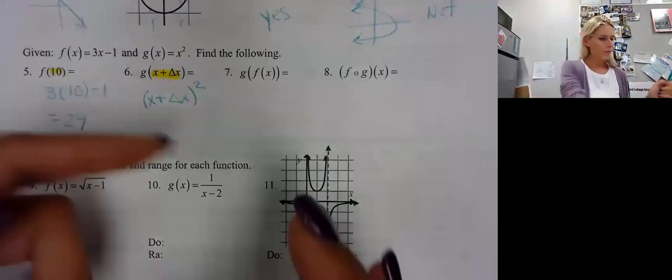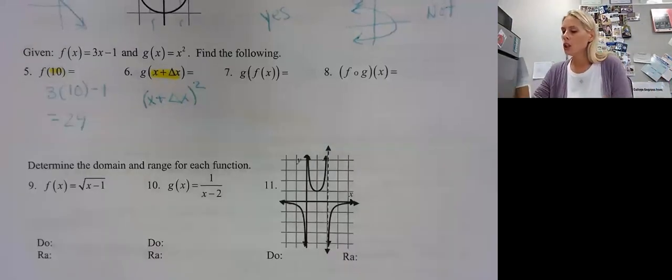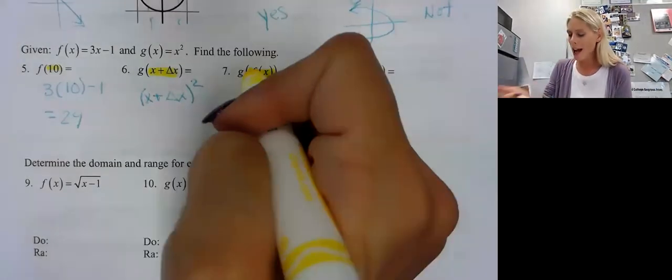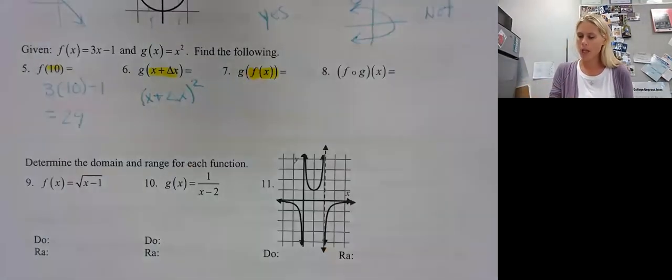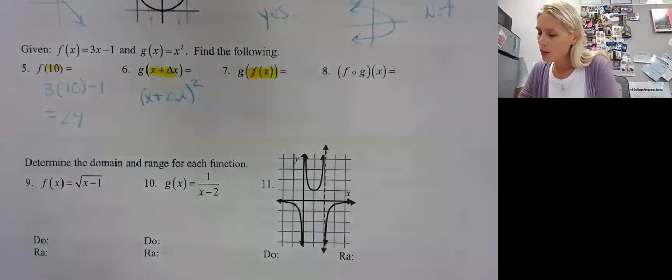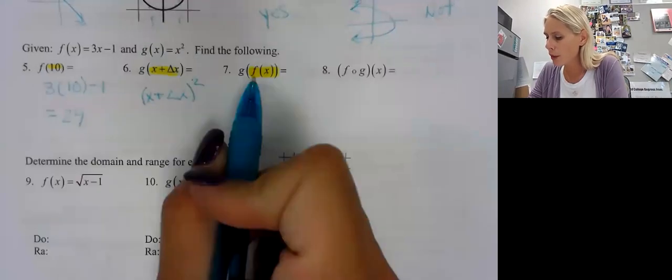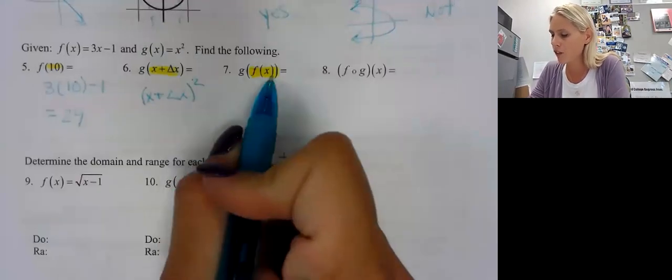Here, we're going to replace the x in g of x with the f of x function, okay? So g is x squared. So we're getting rid of the x and we're going to put the f of x function in there.